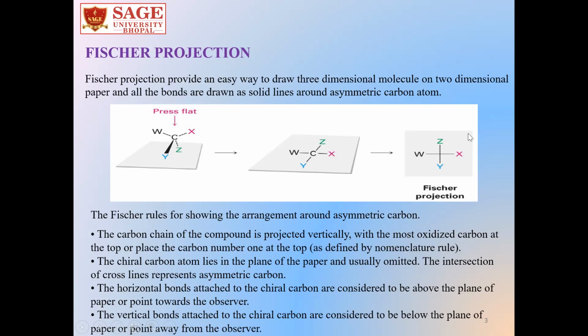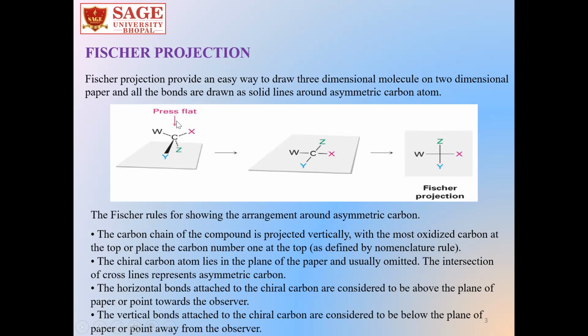So if we see the Fischer projection, we can know that these Y and Z groups on the vertical line are below the plane of paper, and on the horizontal line, these W and X are above the plane of the paper.